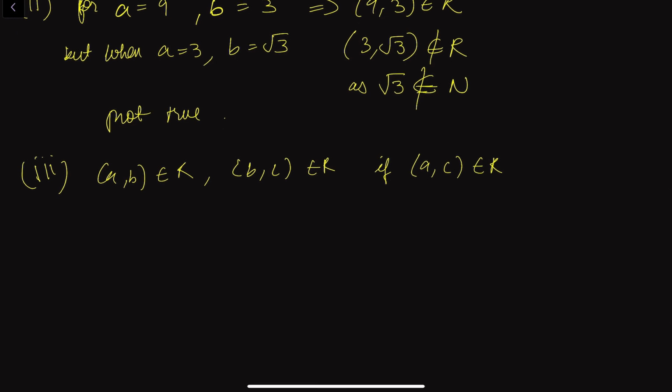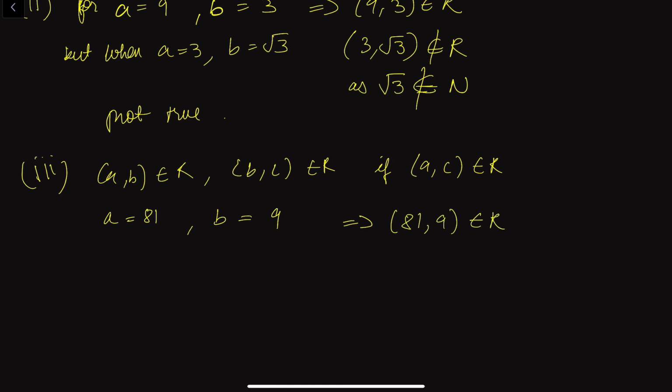Let's say a is equal to 81. If a is equal to 81, then b is equal to 9. So we can say that (81, 9) belongs to R.